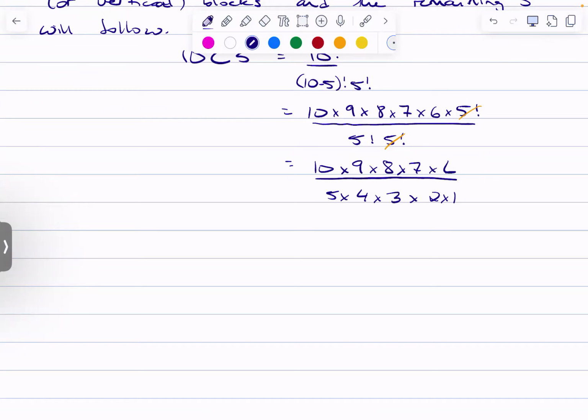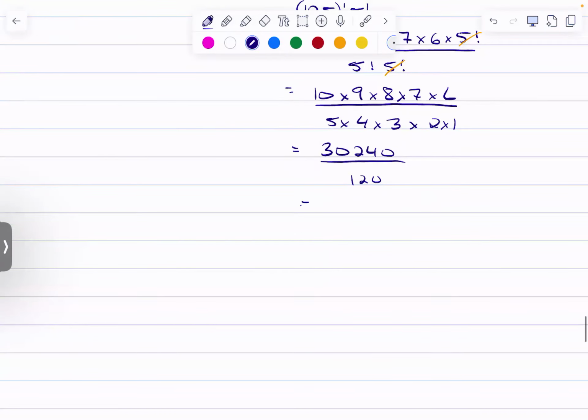All right. 10 times 9 times 8 times 7 times 6. I'll jot it down just in case I did it weird. 9, 8, 7, 6, yeah, 30240. Divided by 120. 252 routes.